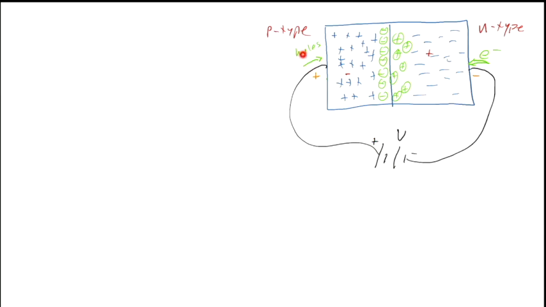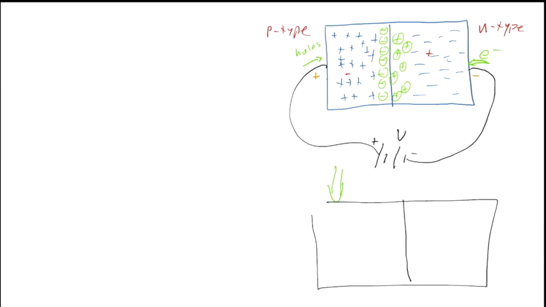And as we bring in more holes, they're going to recombine and fill in some of these fixed charges, and these electrons are going to come in and fill in some of these fixed charges, and we're going to quickly get to the situation where we have p-type and n-type.